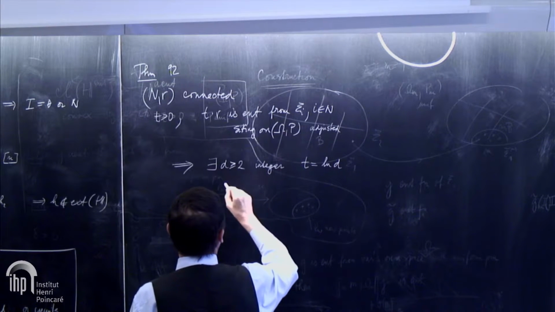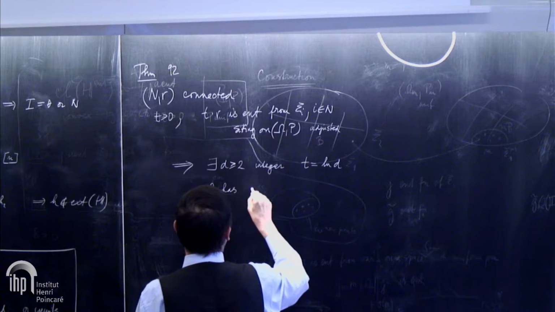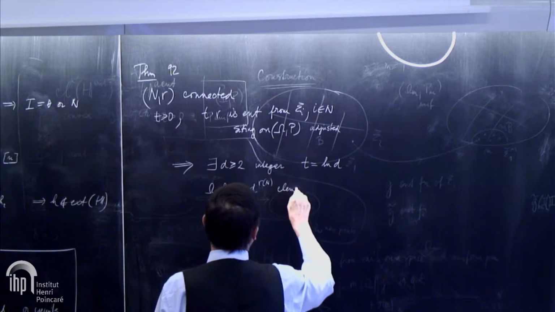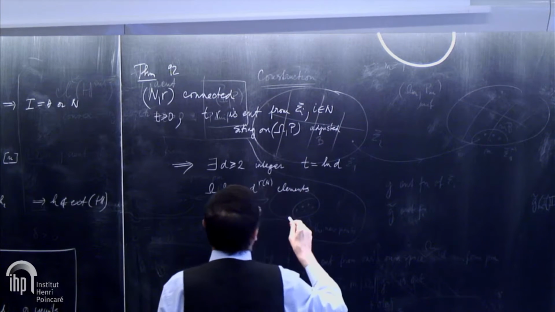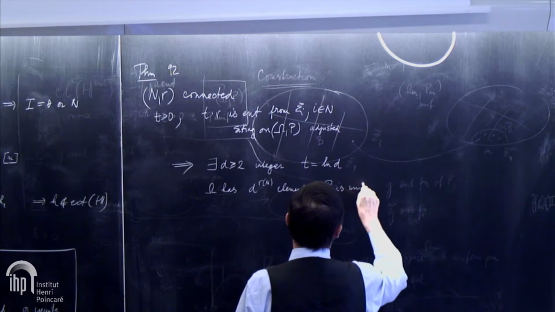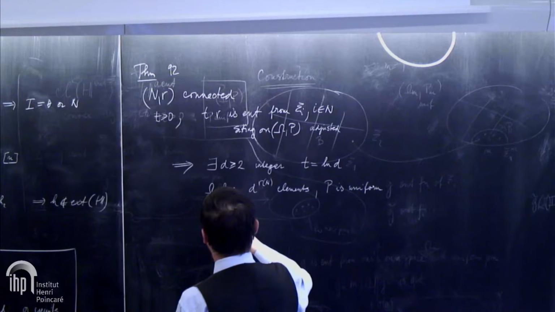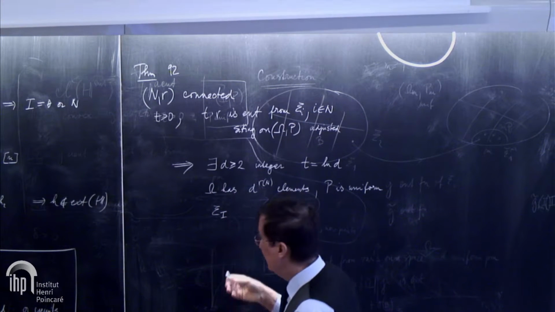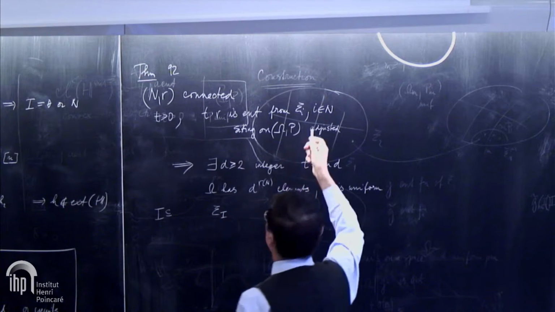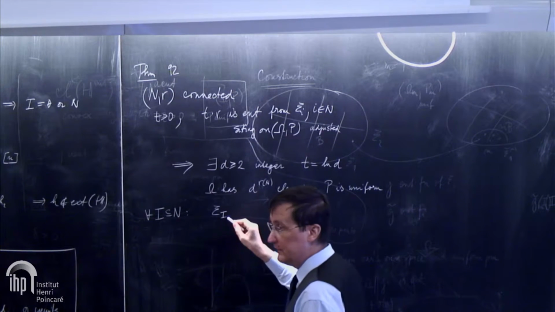And omega has D to the power of r_n elements, P is uniform, and if I create the partition from the corresponding subset of partitions, then the partition is very special.